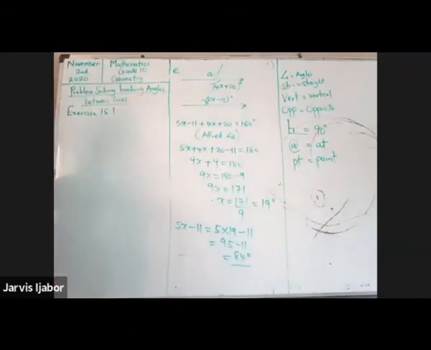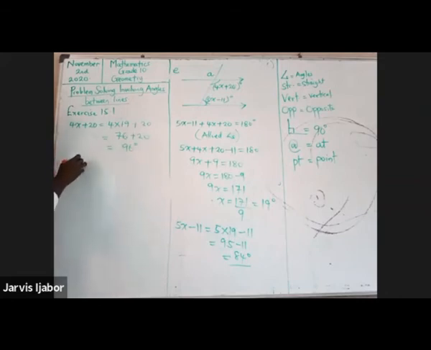Right, so this is one of the angles we have got. So let's look for the other angle, 4x plus 20, which will be equal to 4 times 19 plus 20. 76 plus 20, right? And that will give me 96 degrees. Now, look at this.